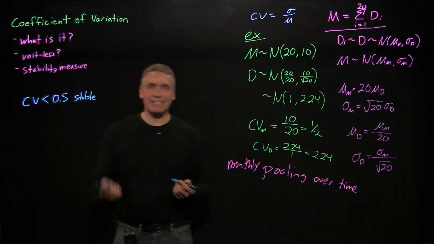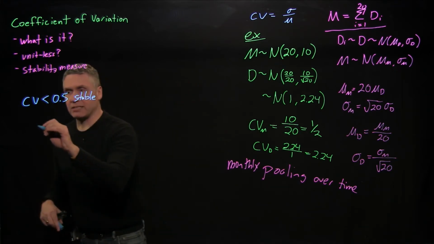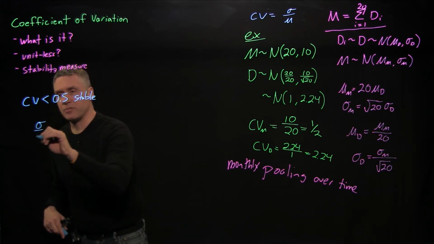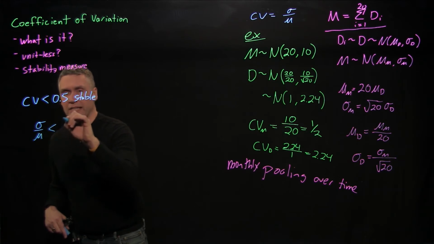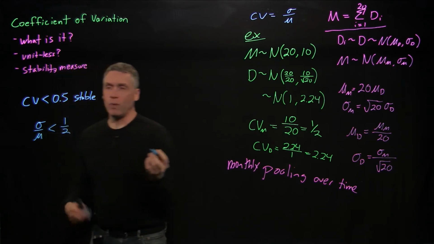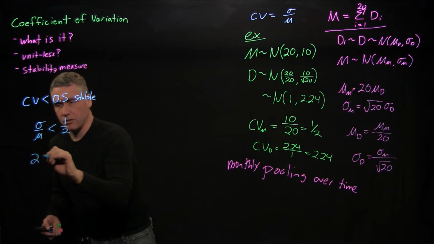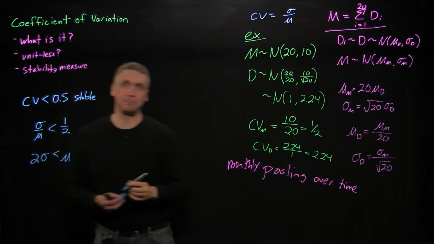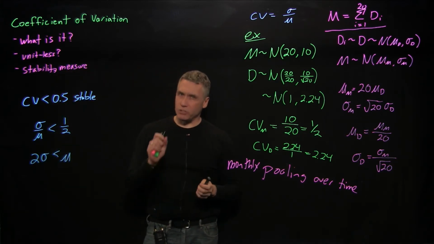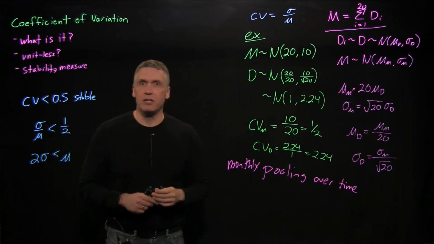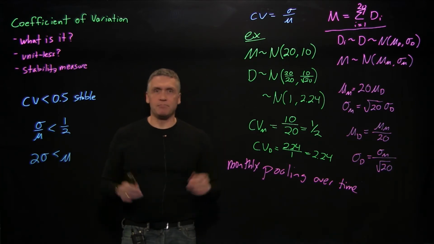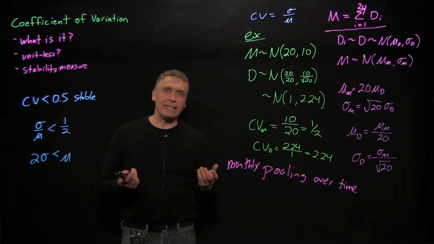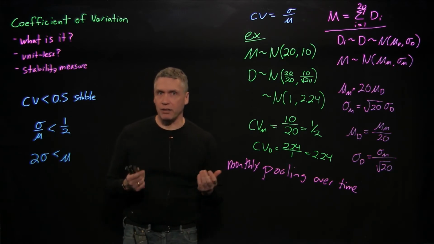If your CV is less than a half, that's the same as saying sigma divided by mu is less than a half, which algebraically means 2 sigma is less than the mean. If we think about what 2 sigma is, it's roughly 98 percentile protection.